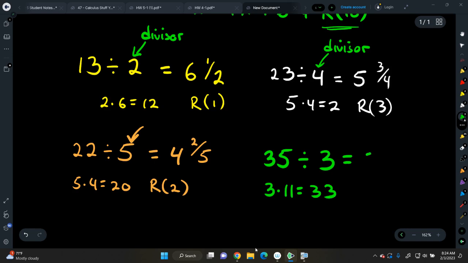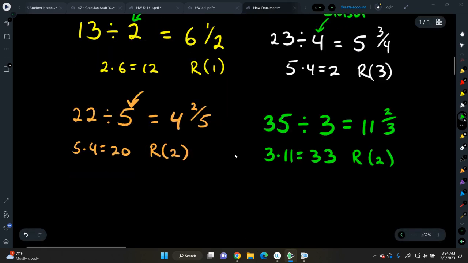So that's 11, with a remainder of 2. So how do we write this as a fraction? 2 over 3. Okay, does everybody get that? It's always the remainder over the divisor.